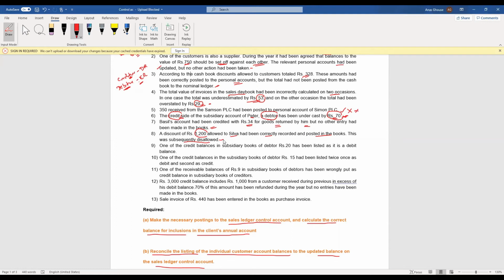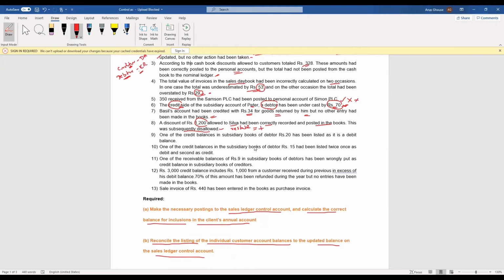However, it was disallowed subsequently. So in this case, we need to restate the customer balances. So how do you do that? We need to debit the control account, and also it has to be updated in the individual customer account balances, which means you need to add back the individual customer balances.